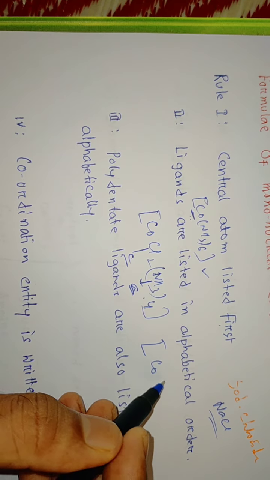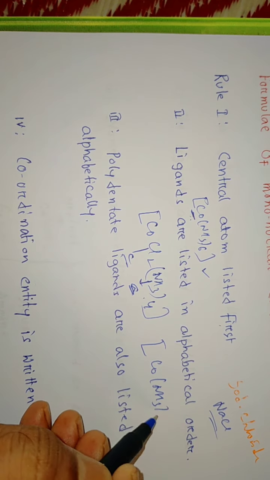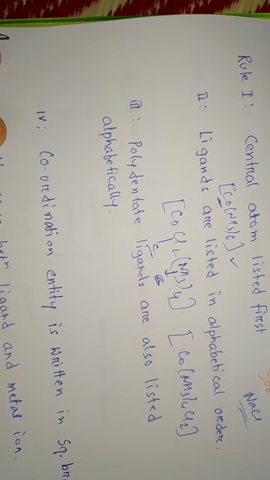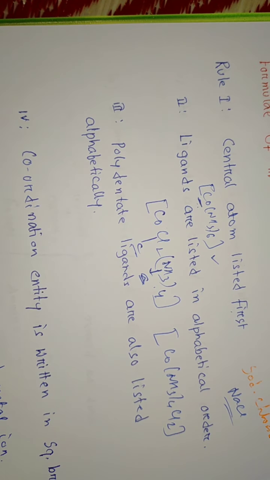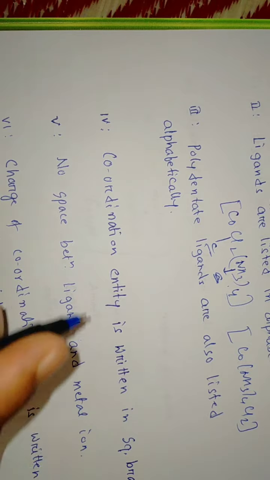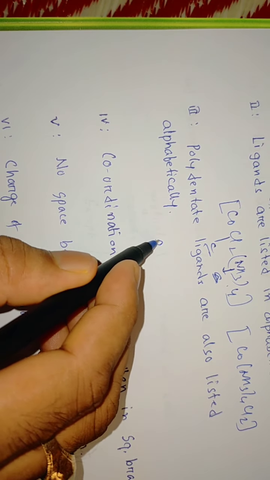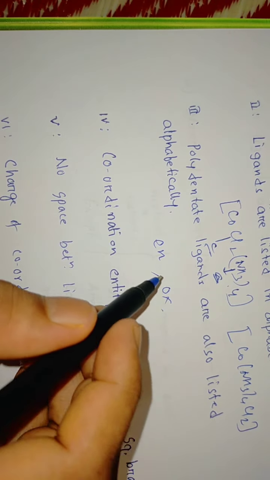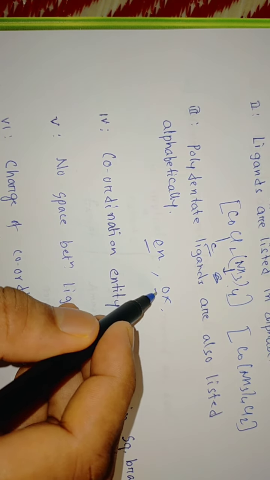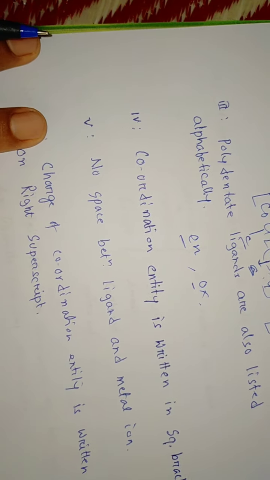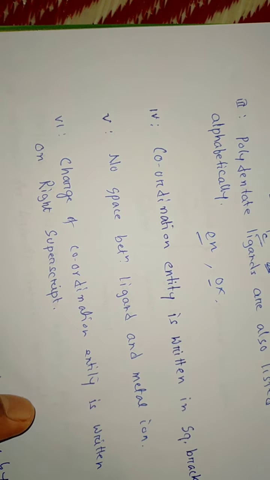So it is Co(NH3)4Cl. Now polydentate ligands are also listed alphabetically. So polydentate ligands, for example, ethylenediamine, oxalate ion, all these you also have to arrange in alphabetical order. Means if the polydentate ligands are there, you have to go by alphabetical order.